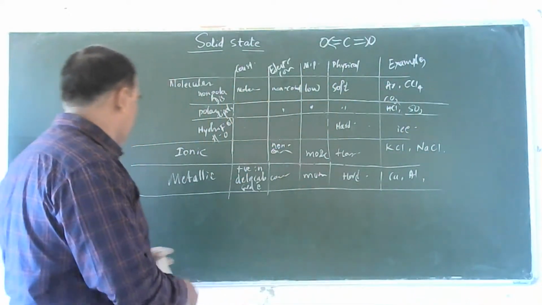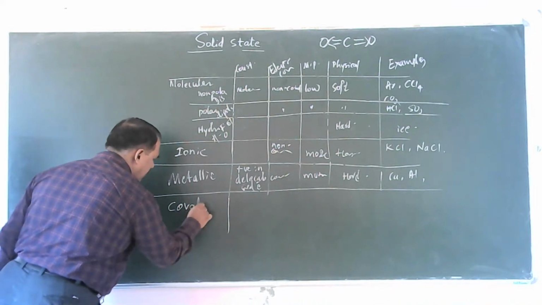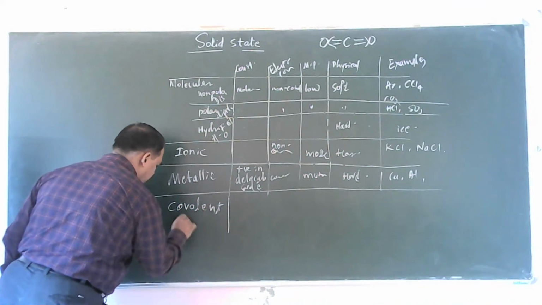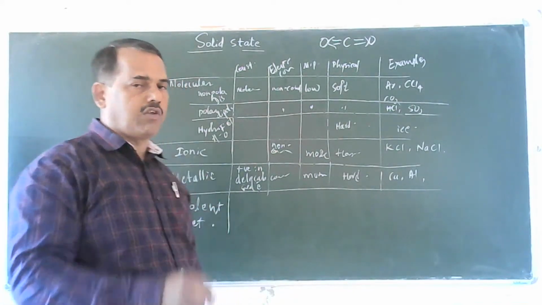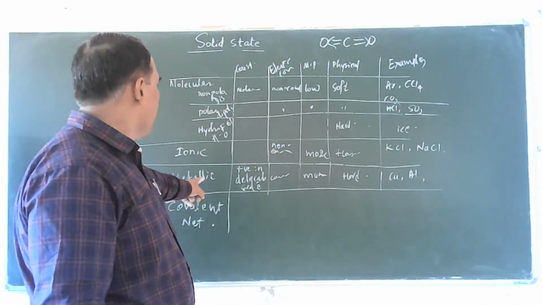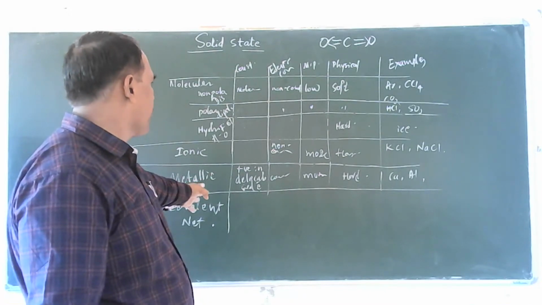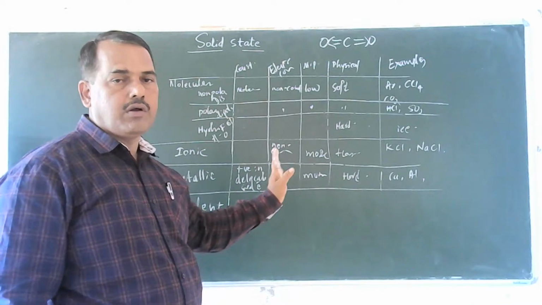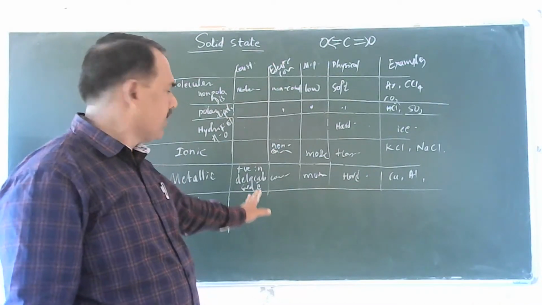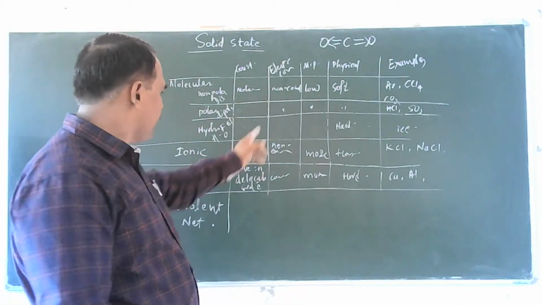Okay, and if you go for the last one, which is the covalent or network solid, correct? In covalent or network solid, the constituent particles are atoms, and they are bad conductors, and melting point is very high.